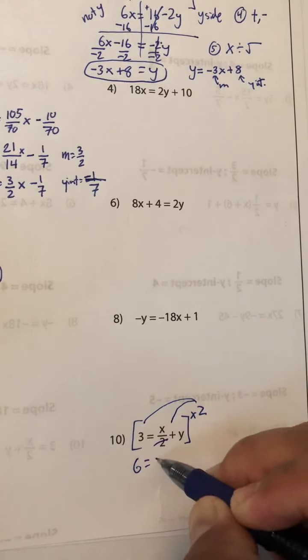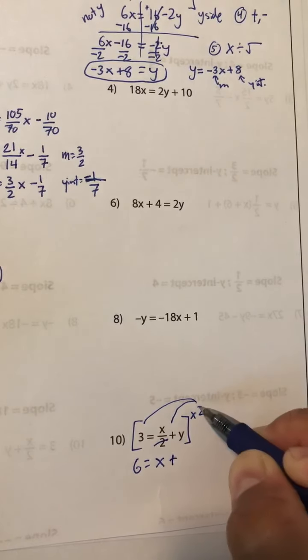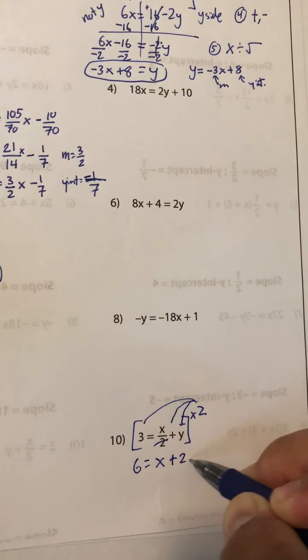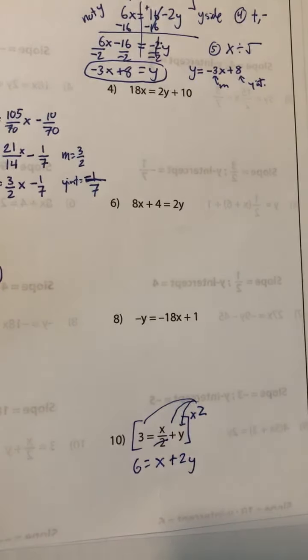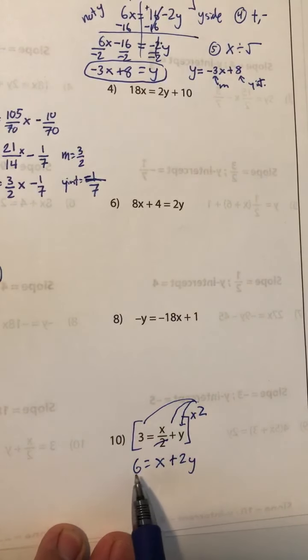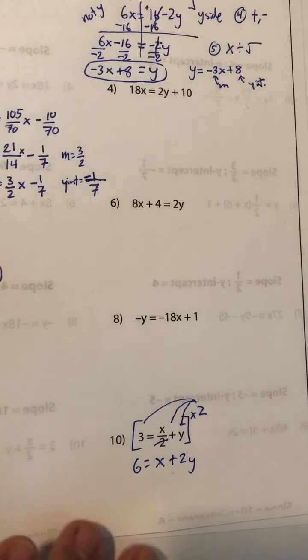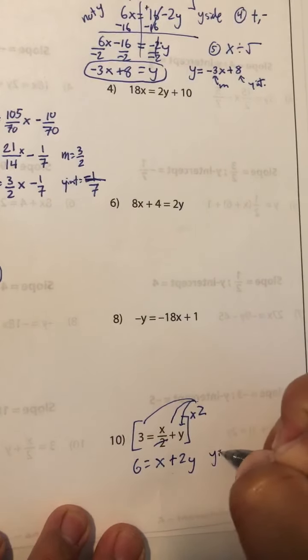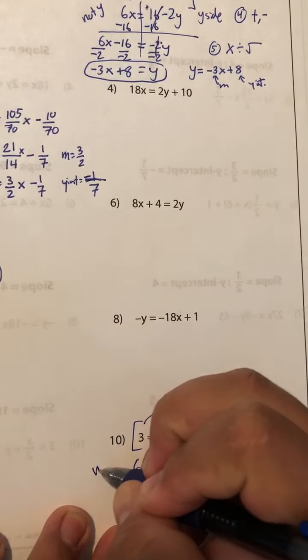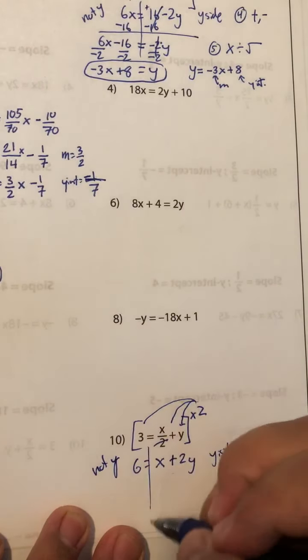Here, this one will cancel that and we get the x, and this will be 2 times y, 2y. Okay, so we have done distribution. Next, we try to combine. Nothing to combine. We don't have like terms, so no combining. Then we go to separate. Y side, not y.